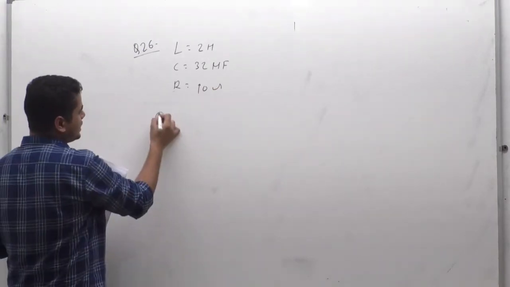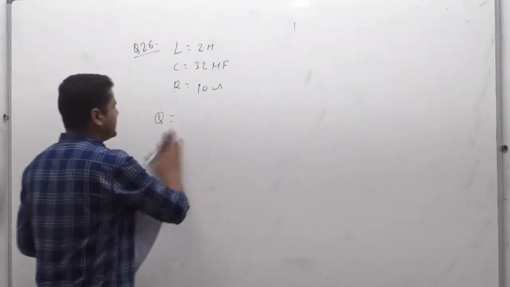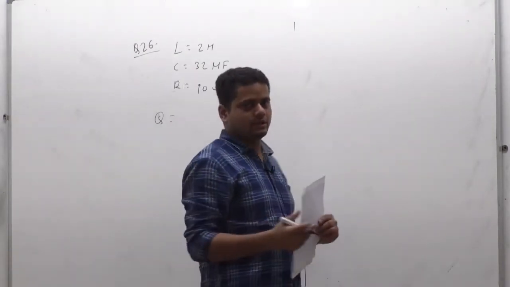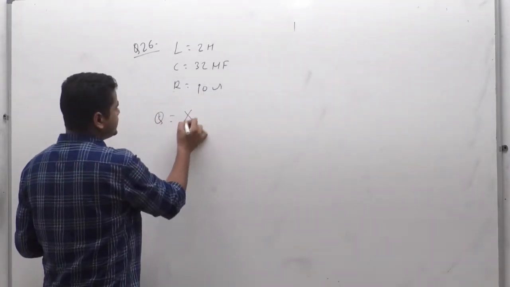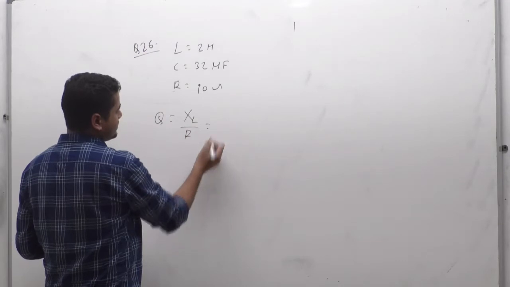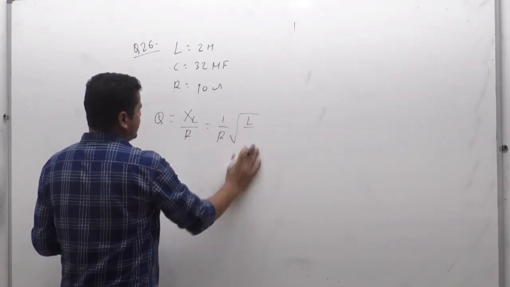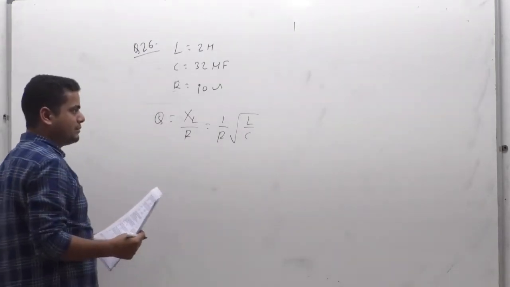So they have asked to find the quality factor. You know, the quality factor basically determines the sharpness of the resonating condition, and we know that it is equal to XL upon R, which is equal to 1 upon R under root of L by C. Just put the values accordingly, we will be able to calculate it.